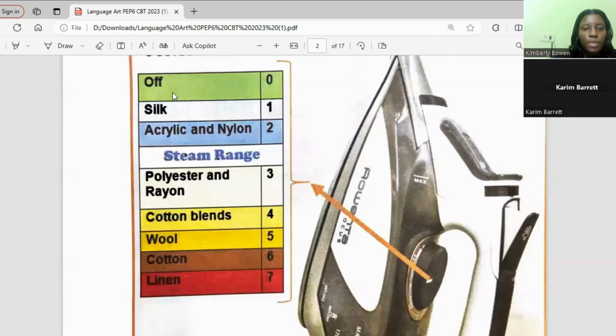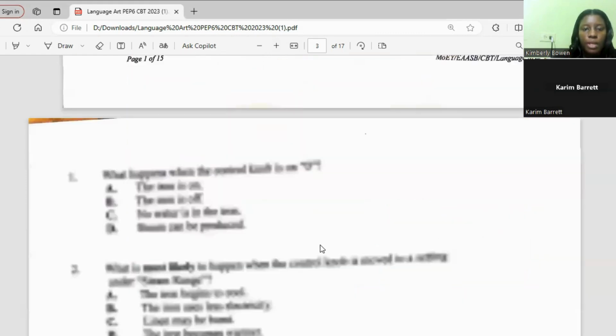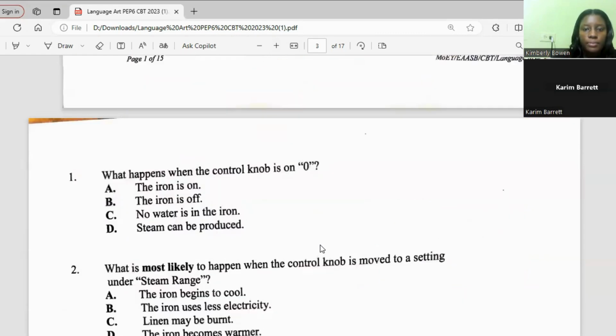What happens when the control knob is on 0, Karim? Let's look at the options. The iron is on. The iron is off. No water is in the iron. Steam can be produced.